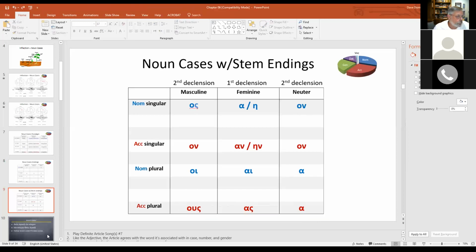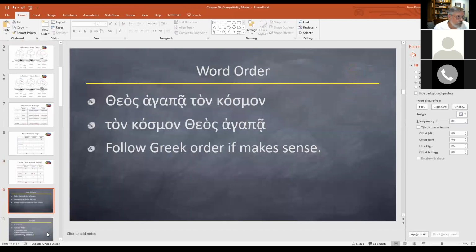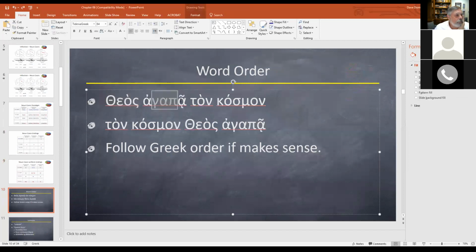So let me go, for example, in here, it says theos agape, there's my little subscript iota, ton cosmon. Theos agape ton cosmon.